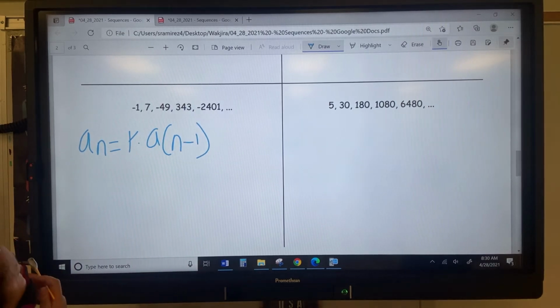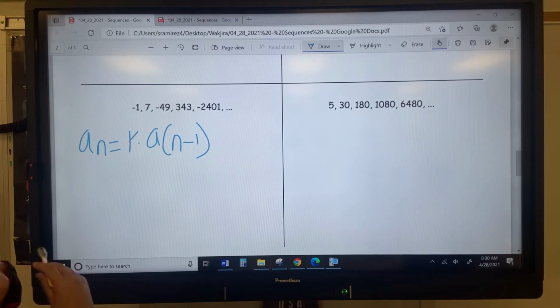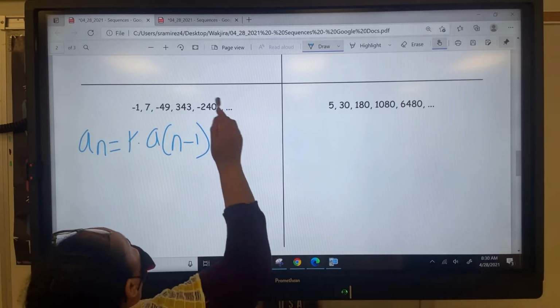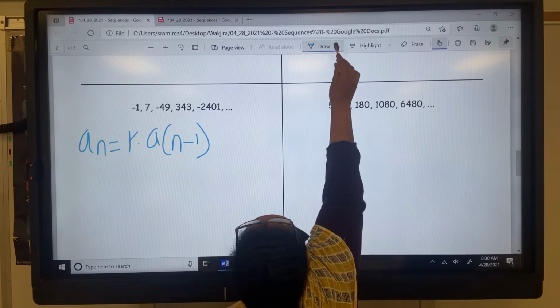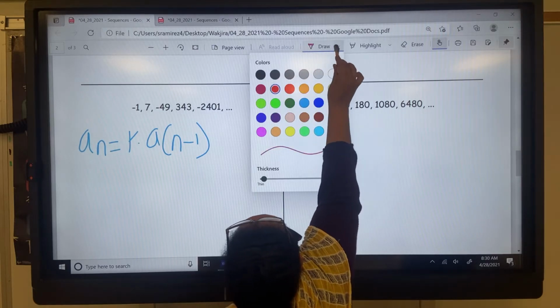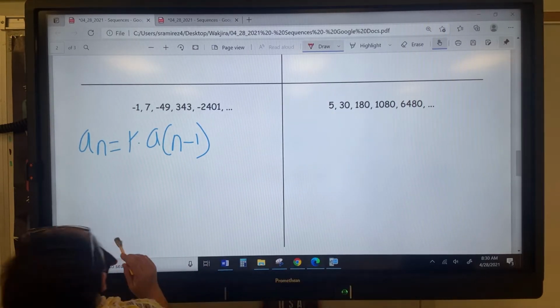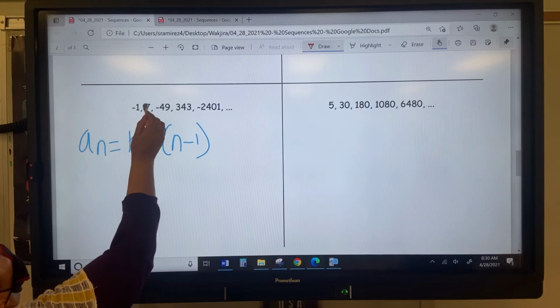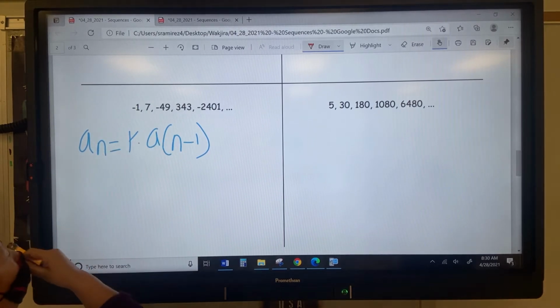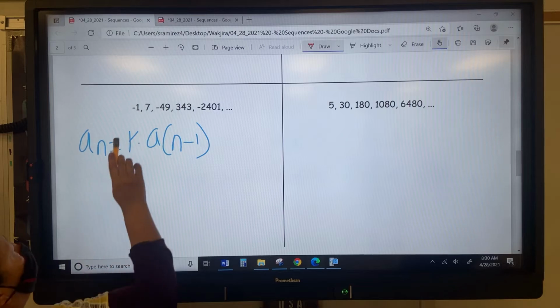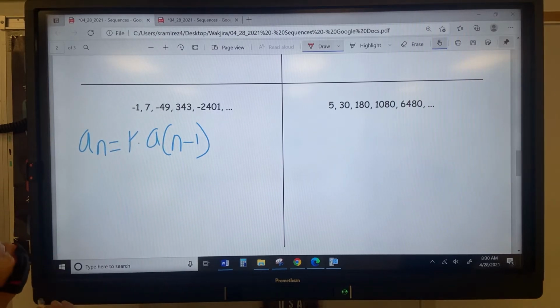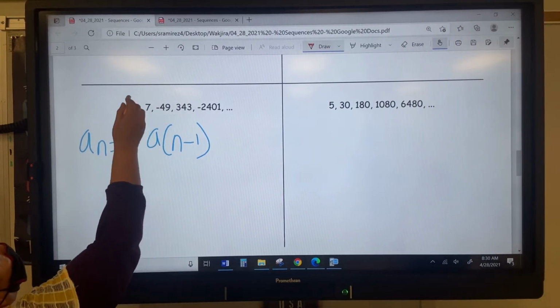So in order for us to find our R, we have to find from negative 1 to 7. What multiplies negative 1 in order for us to give us 7? That is negative.